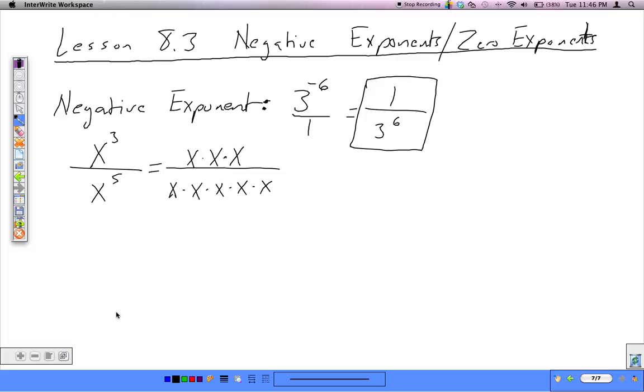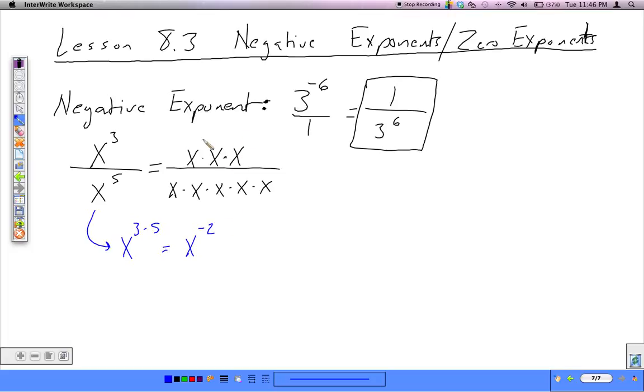Okay? We'll recall that our shortcut told us we can take our top exponent and our bottom exponent and subtract them. Whatever that result is goes on the top of the fraction. x to the negative 2, for example, right?